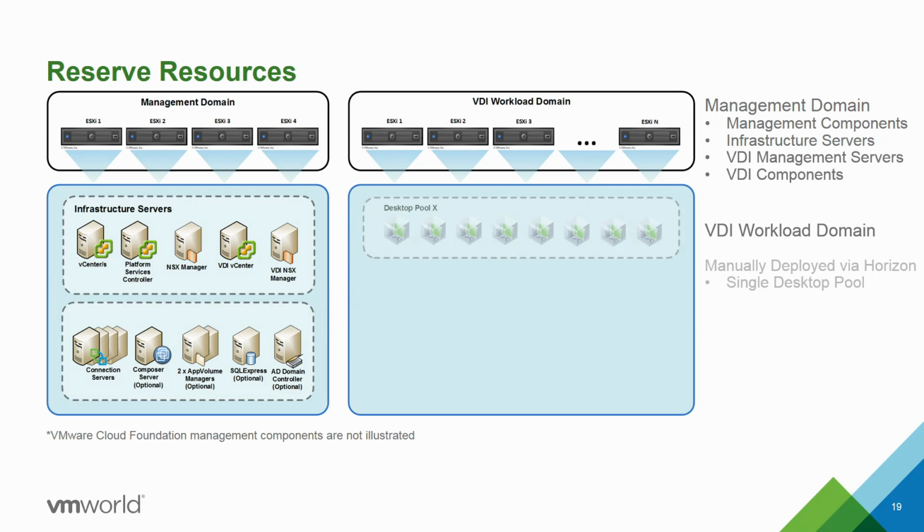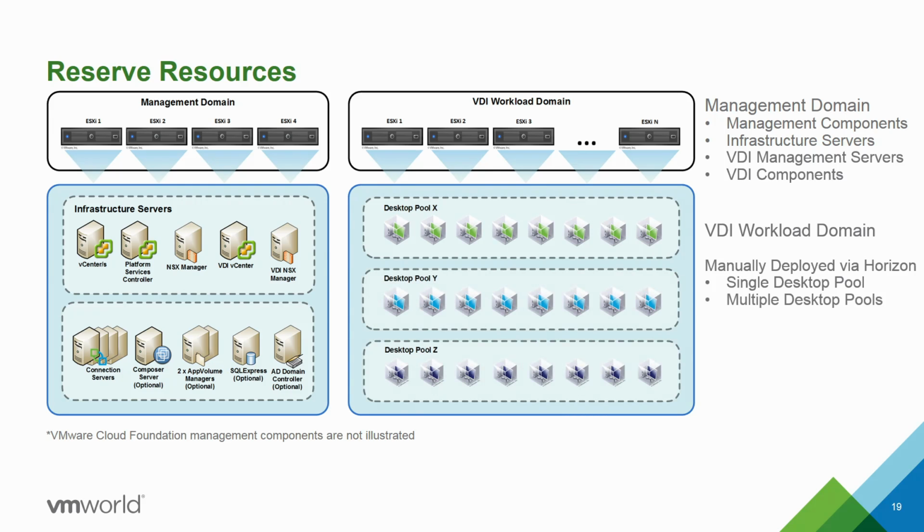This allows you to deploy a single pool yourself, or you can deploy multiple pools. I imagine the majority of the customers using it right now use this option, as most customers we work with require more than one desktop pool. But if you want to use this for a POC, for example, the full desktop deployment end-to-end will deploy that single desktop pool for you without you having to do anything more.